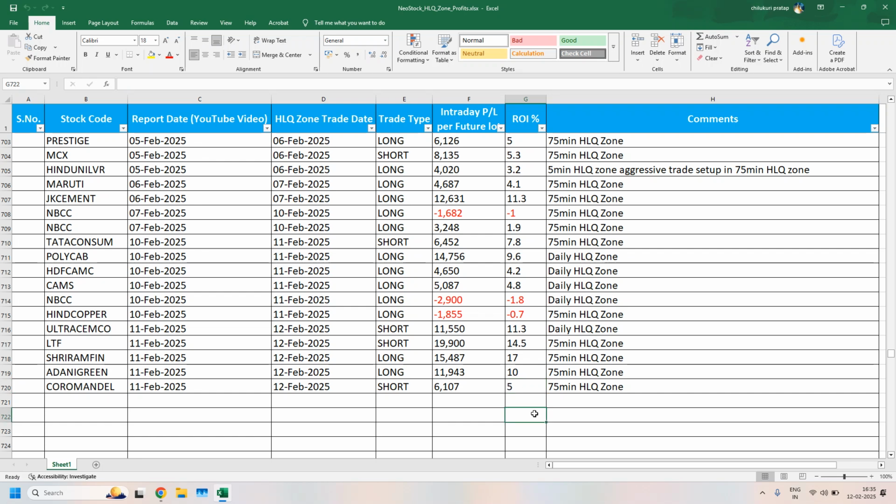Even though our intraday average ROI is 6%, we consider even 4 to 6% a very good profit. If 4 to 6% is very good, then what about 10%, 17%, 14.5% or 11.3%? That is extraordinary, right? Today we got extraordinary profits because the volatility in the market is very high today.